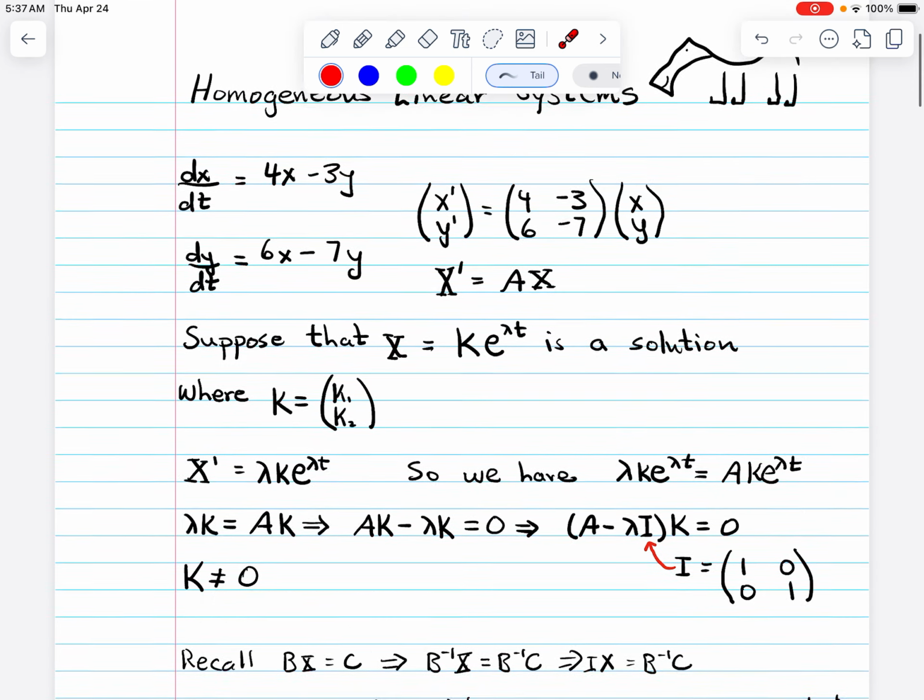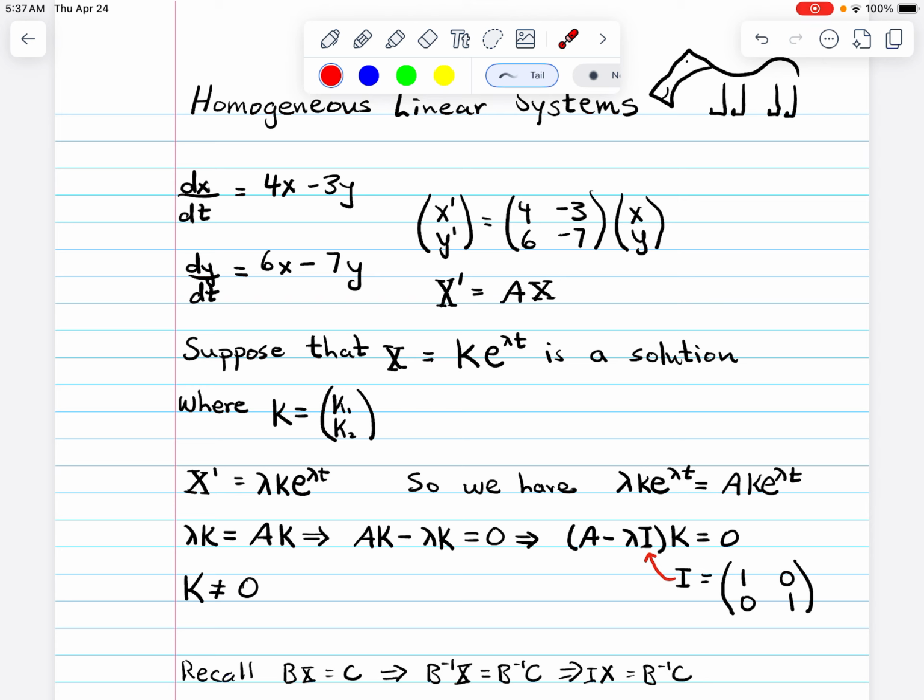Okay. So, if we do that, let's see what happens. When I differentiate this, I get this. Just differentiating with respect to t. So now, look what we have.